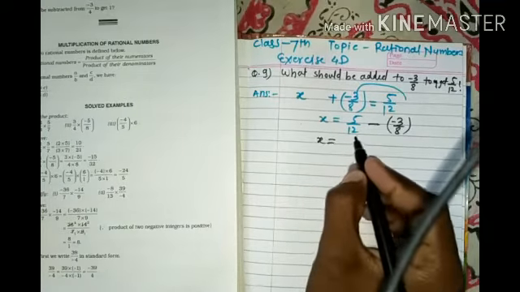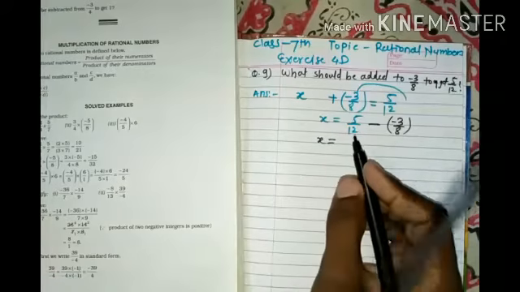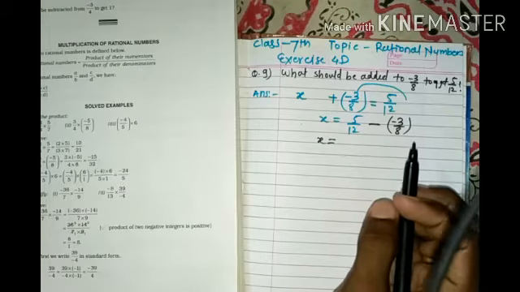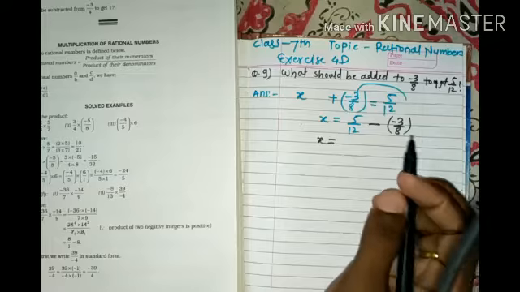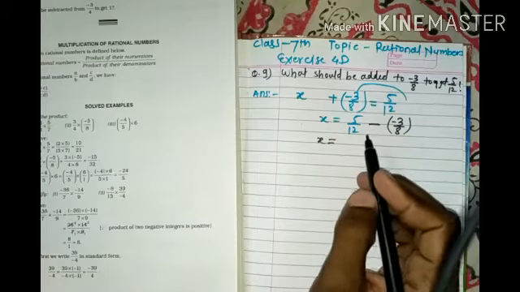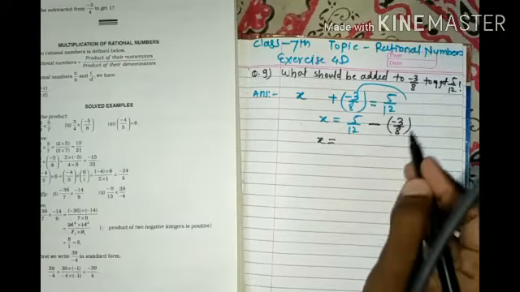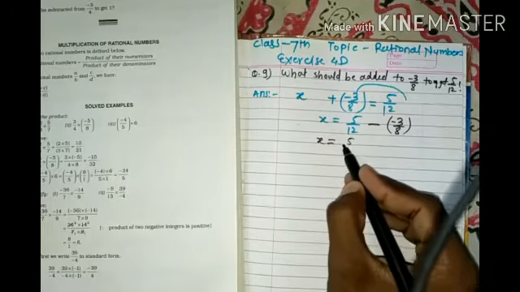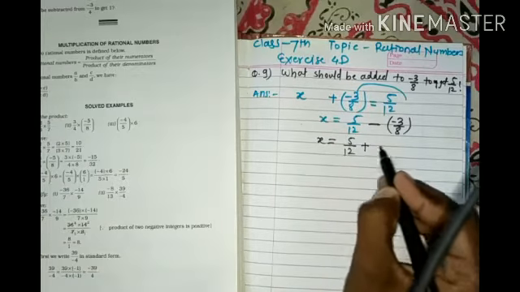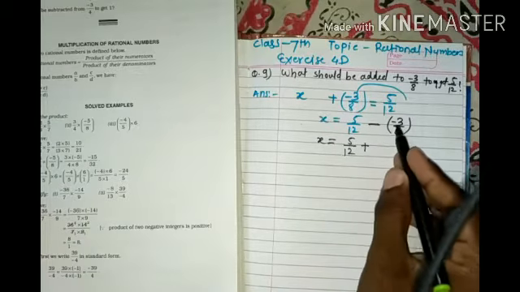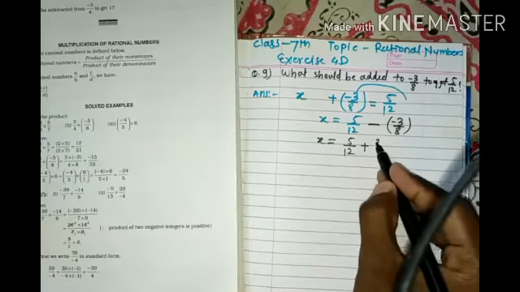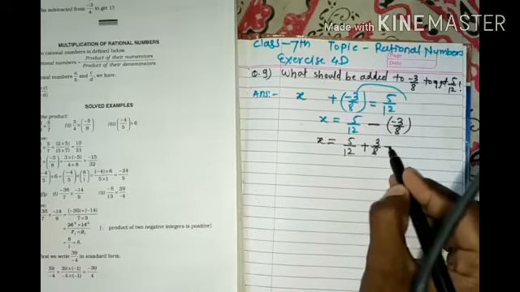Now you students all know how to subtract one rational number from another. So minus 3 by 8 we will subtract from 5 by 12 by adding the additive inverse of minus 3 by 8. So 5 by 12 plus the additive inverse of minus 3 by 8, which becomes plus 3 by 8.